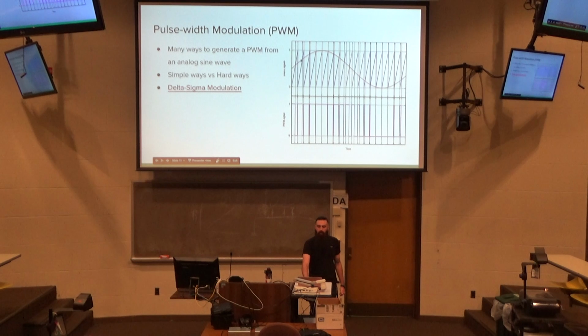And when it's over the red wave, we can see that the pulse width modulation wave is off. It's 0. So we're taking an analog signal and getting a digital signal by applying this filter. This is one type of pulse width modulation. It's not what is generally used, but it is a very simple way to do it. Does this make sense?